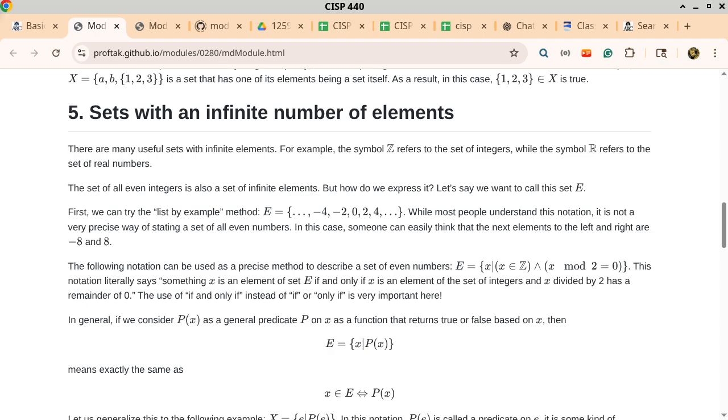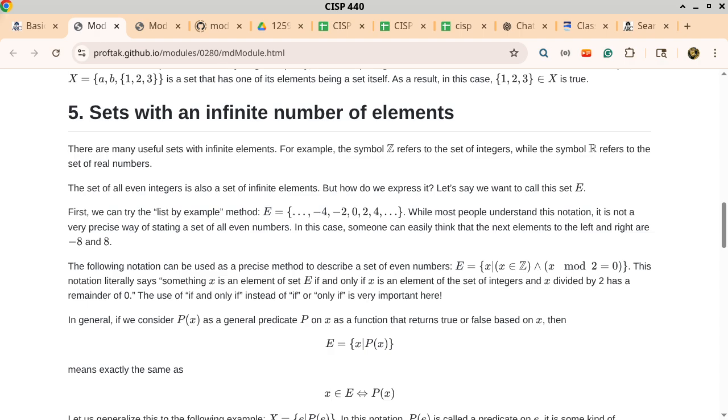When we use the term predicate, P of x being a predicate simply means P of x is a function that returns a Boolean value. That's all it takes for P to become a predicate: it returns a Boolean value. It returns either true or false.